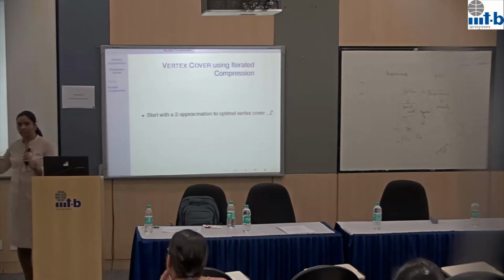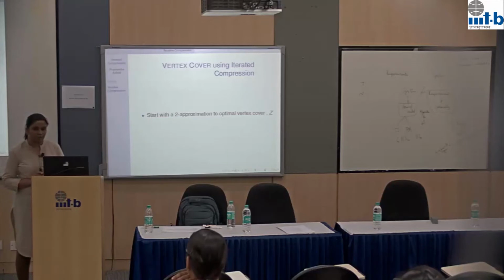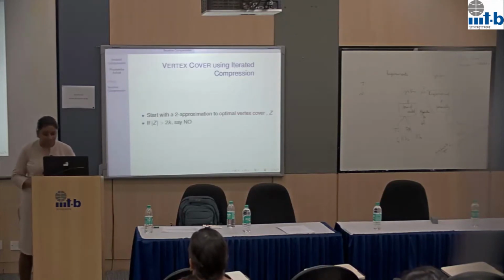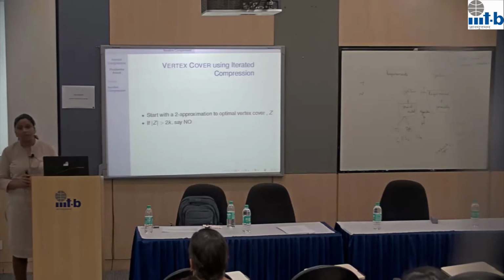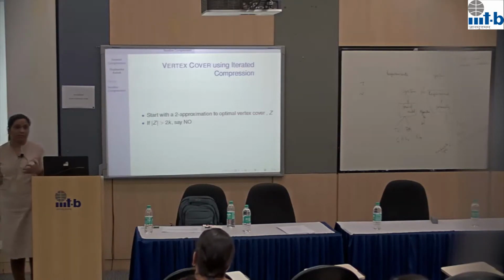Okay, I'm not saying k. You get a 2 approximation to the optimal vertex cover. Let's call it Z. If Z contains more than 2k elements, what does it say about the optimal solution?